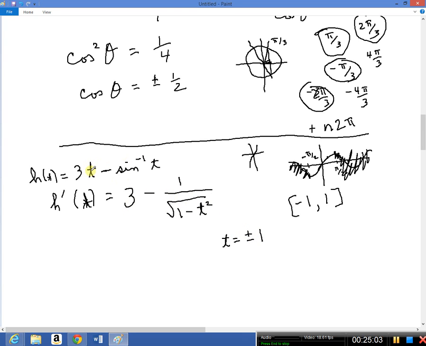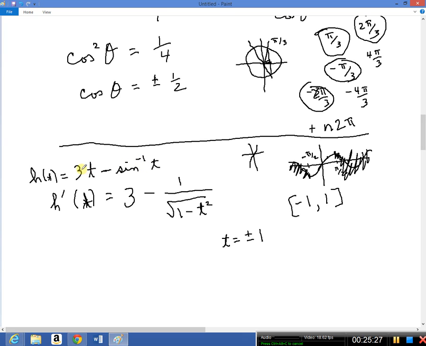But this function has a perfectly good value. If t is -1, for example, what is the inverse sine of -1? Well, the answer is minus pi over 2, because the sine of minus pi over 2 gives us -1. That's not a problem. So at -1, this number here, sine inverse of -1, is minus pi over 2.